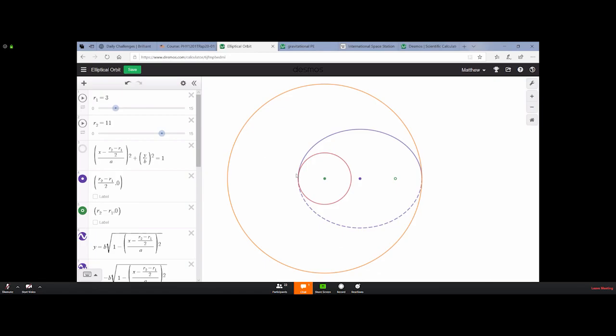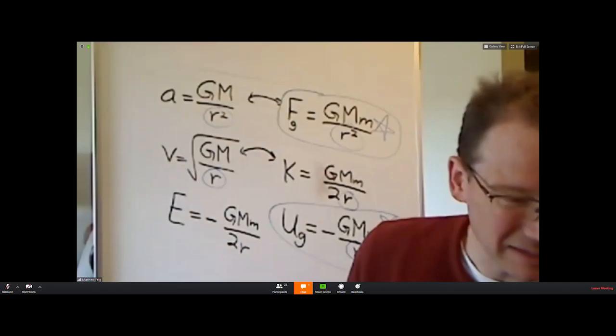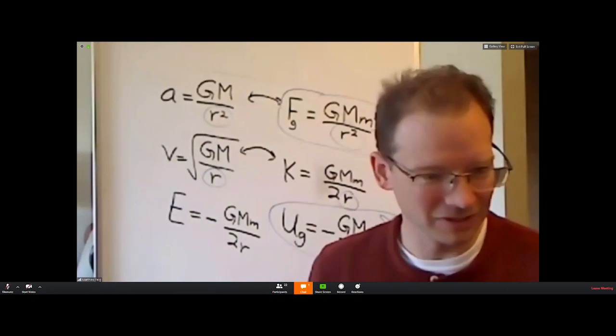So how do I get into this elliptical path? I want to find the speed of the elliptical path at red, and I want to find the speed of the elliptical path at meeting up with yellow or orange. How am I going to do that? I need to think about it a little more deeply.